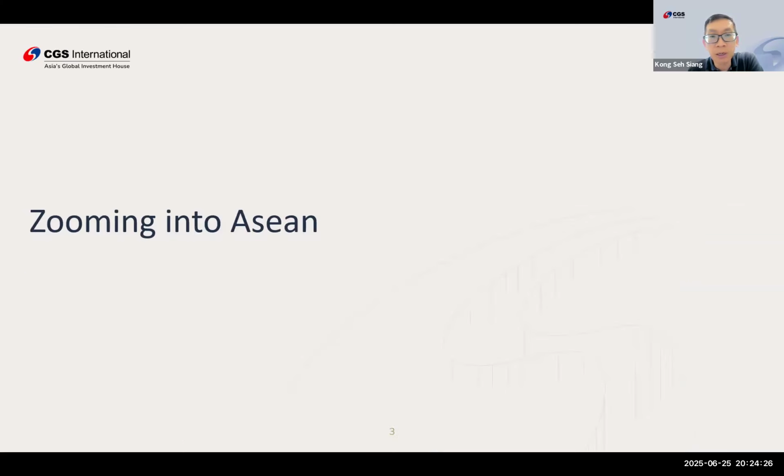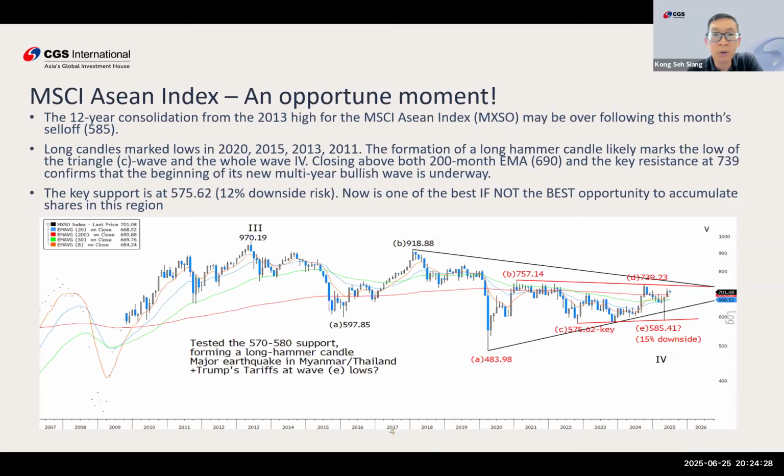So if we take a look at ASEAN, right now we think that ASEAN is actually at the forefront of a fairly big move to the upside. I think in the region itself, it's not just ASEAN. I think the whole of Asia seems to be moving in a bullish direction, although fundamentals may not support this view.